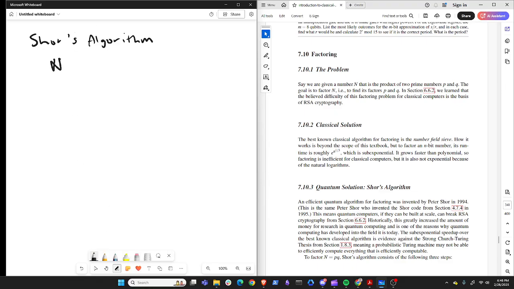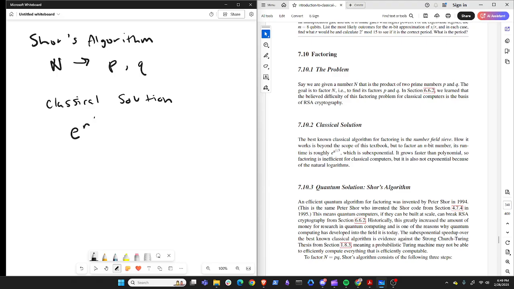So we're given a number n, and its product is two prime numbers p and q, and the classical solution, even with the most efficient means, takes quite some time. It's sub-exponential.